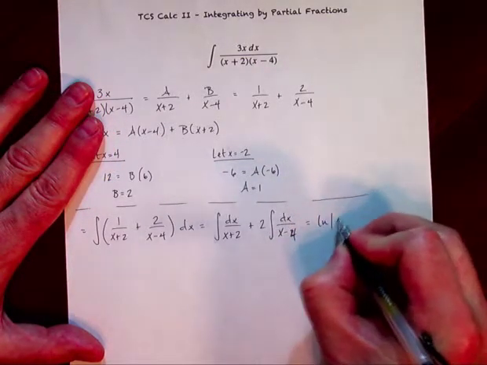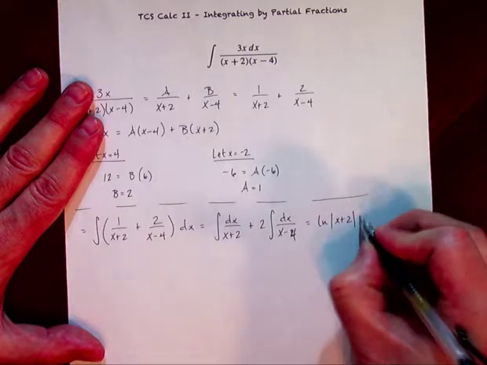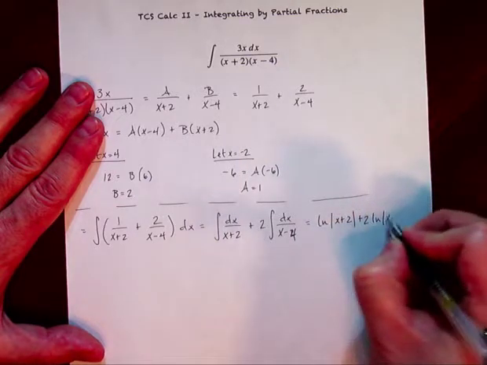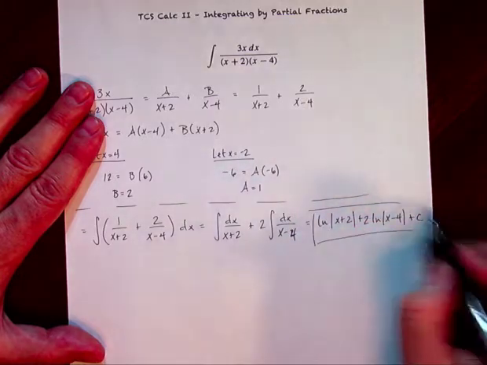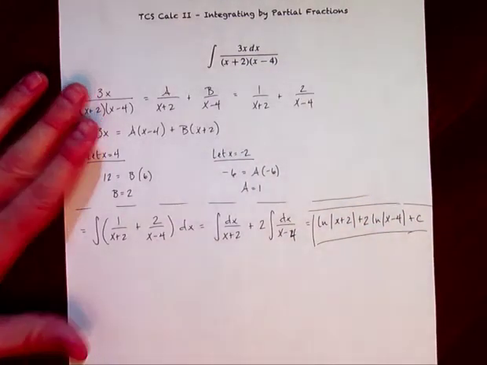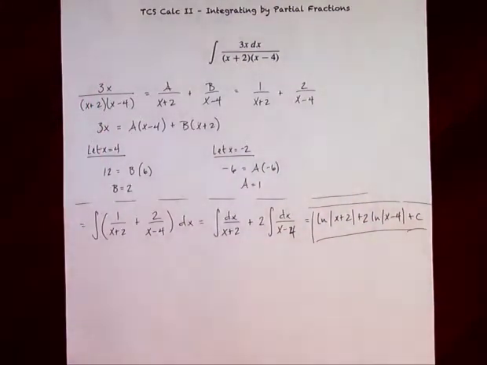So natural log of absolute value of x plus 2, plus 2 natural log of absolute value of x minus 4, plus c, and there we go. That winds up being our integral after we've taken that apart into partial fractions.